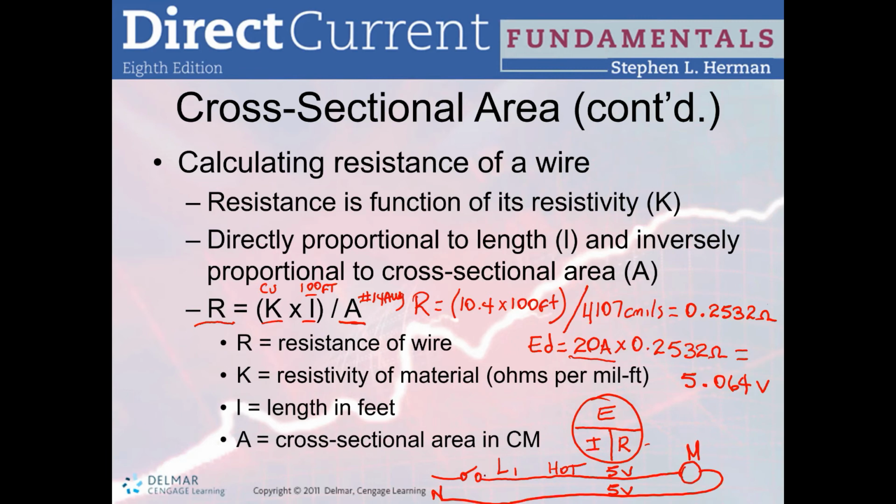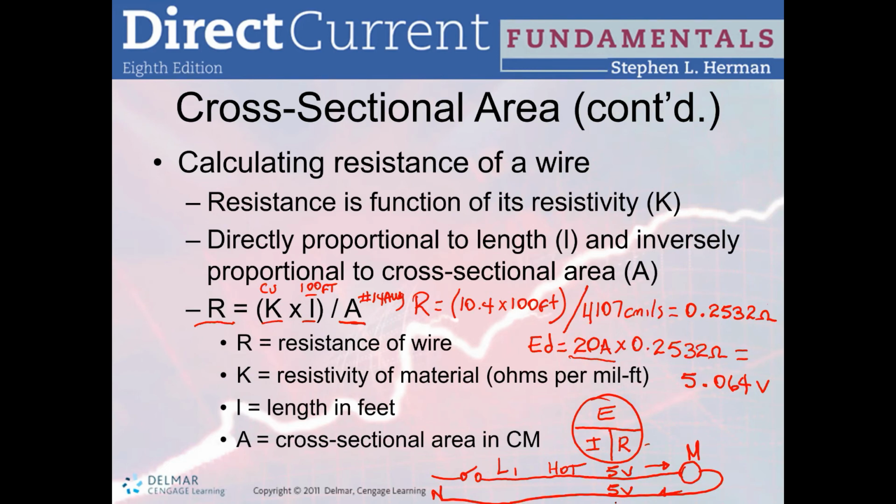Because if we have 20 amps going this way, 20 amps has to come back this way. If we had 100 foot on line one to the motor, we had 100 foot on the neutral getting back to the panel.